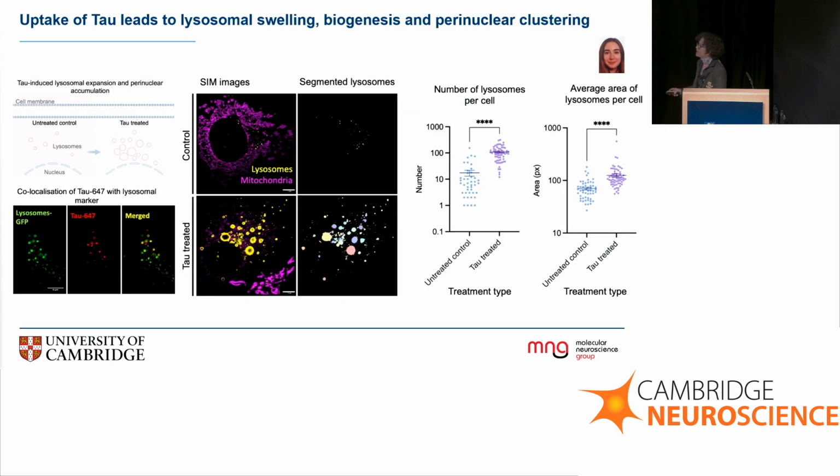Okay, so we then wanted to study this in more detail, using high-resolution imaging techniques. One of the techniques that I'm going to be talking about a lot today is structured illumination microscopy. Structured illumination microscopy doubles the resolution.